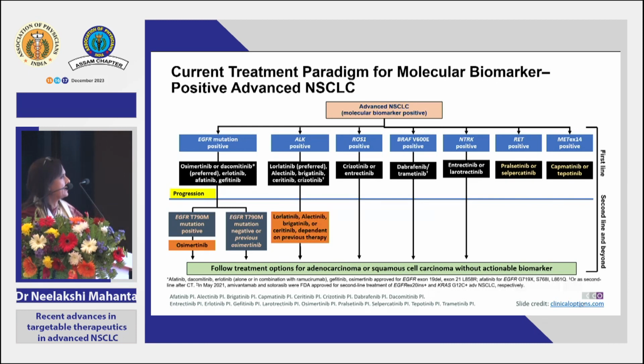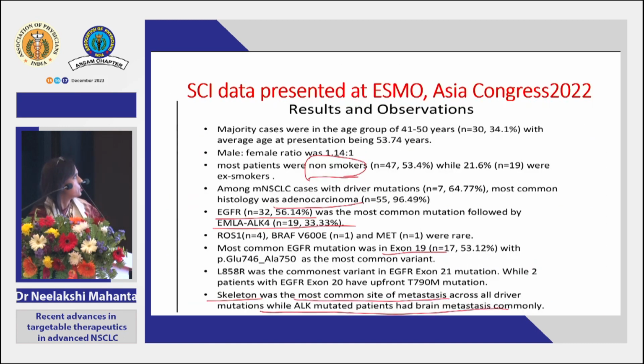So there's a paradigm shift in the targeted therapies, whether it's EGFR, ALK, ROS, BRAF, MET, RET, and as we can see, a host of these TKIs are coming up. If a patient does not have these mutations, then we have to go for the standard doublet platinum-based chemotherapy regimens. Our SCI data, which we presented in 2022, showed most of our patients were non-smokers, and adenocarcinoma was the common histology.